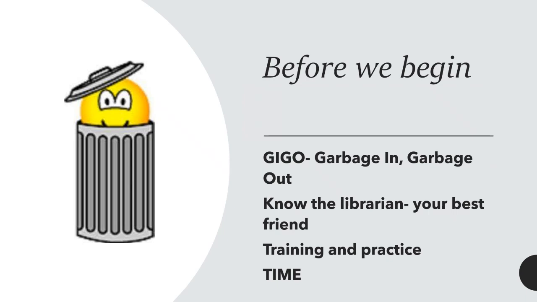Now, literature review is an output. We deliver something at the end. And if we put garbage in our literature review, or if we read garbage for our literature review, then we will get garbage going out.